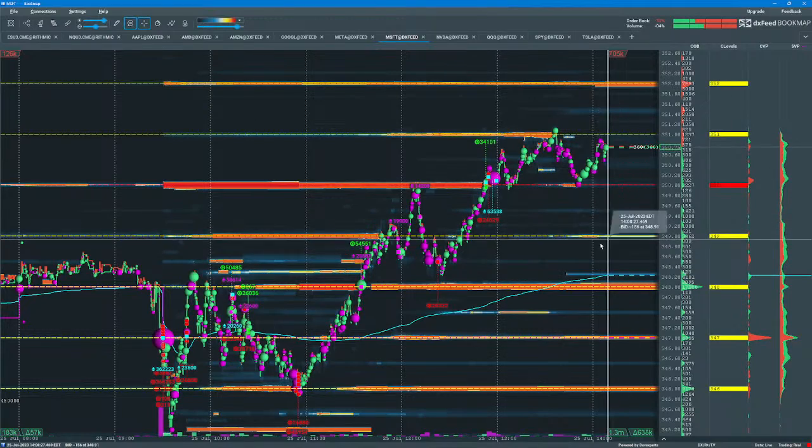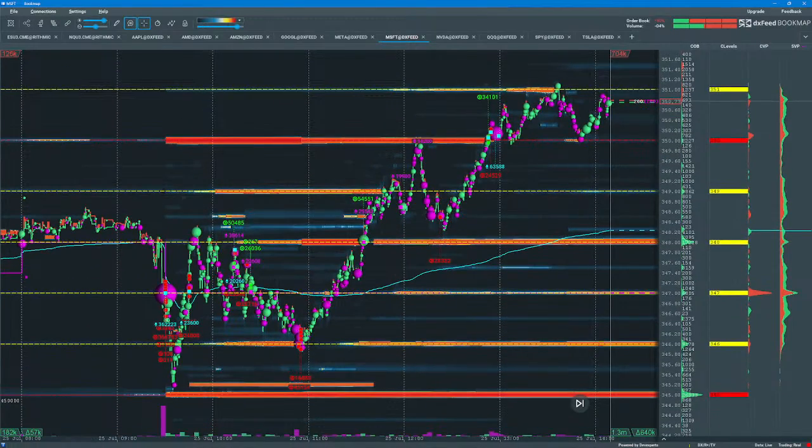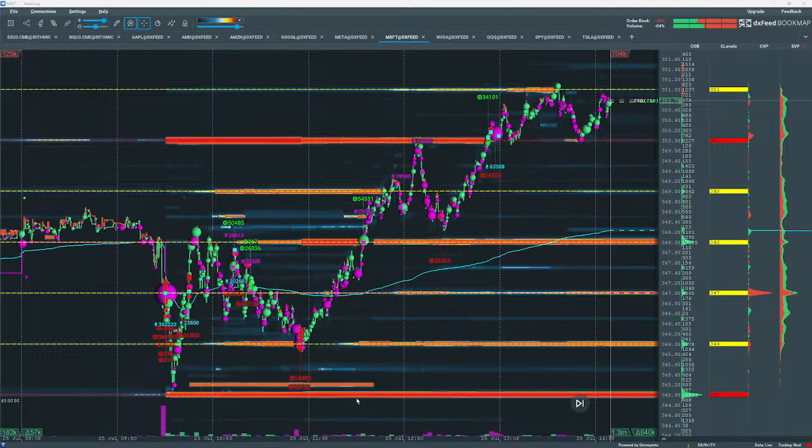So here is, if you caught the move at the open, a long entry right around 346. Then Microsoft came back down, did a retest of the 346 level, and moved higher. And note these bright red dots, these numbers, that's showing a sell sweep down to that level.